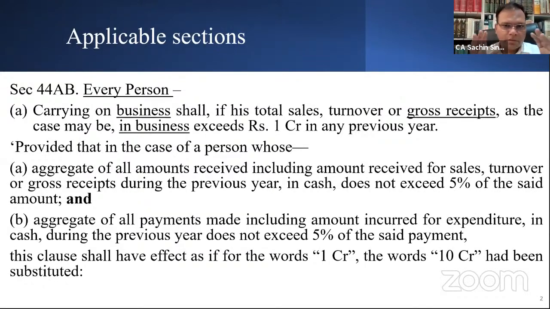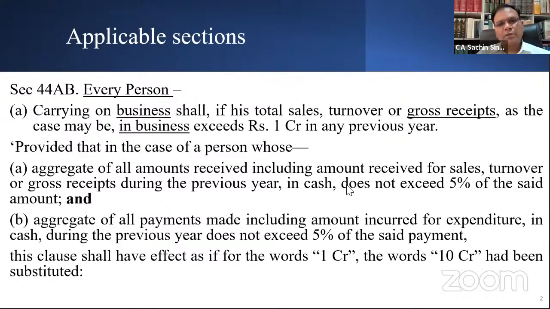While calculating the threshold in 44AB, assuming during the year the sale amount is 5 crore, out of which 2 crore are received during the year and 3 crore is outstanding, which is received in the month of April or May subsequently, then how will we calculate? Whether on the basis of the 2 crore, or the amount received subsequently will also be counted while testing the 5%.